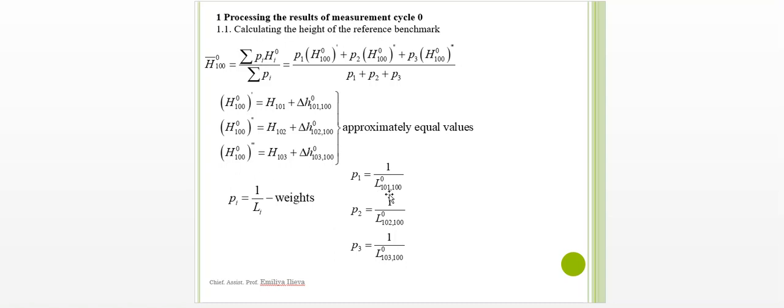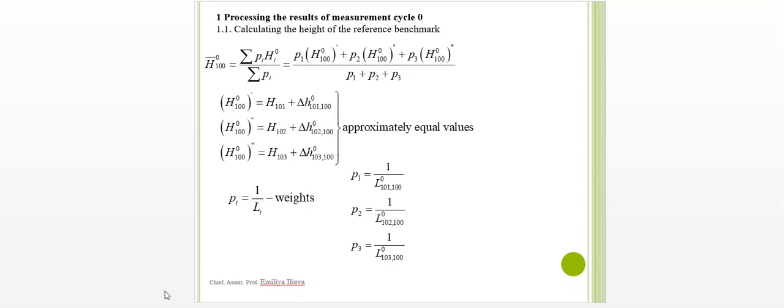Here in the assignment, we have the three lengths of our leveling lines. And from them, we are going to calculate the weights. The weights are parameters that give us information about the accuracy of the measurement.